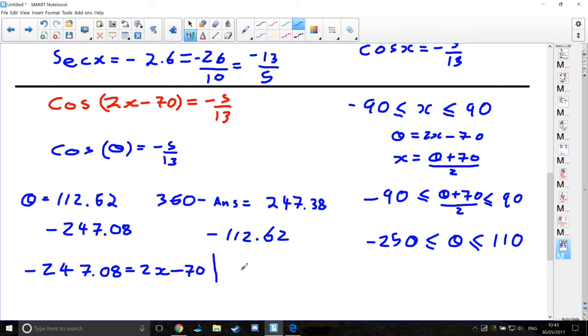And also minus 112.62 is equal to 2x minus 70. Rearranging for x, this gives me two values for our answer. So that is plus 70 divided by 2, negative 21.31.